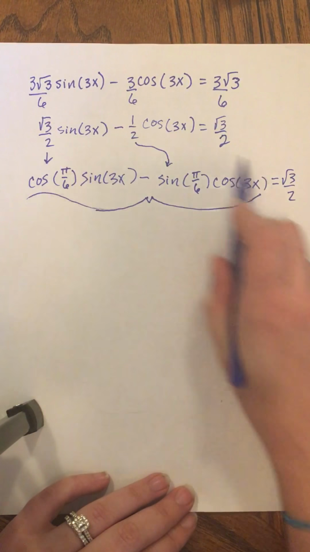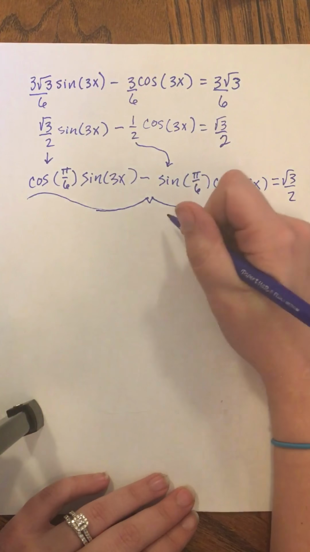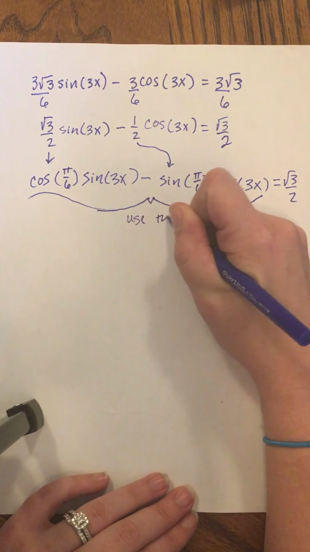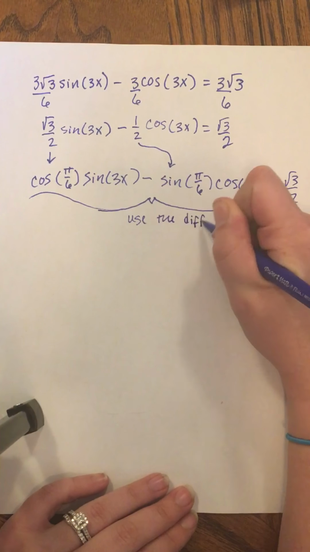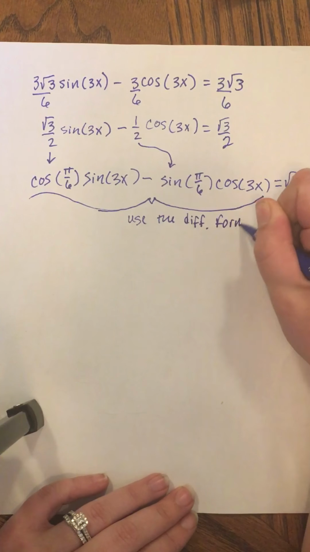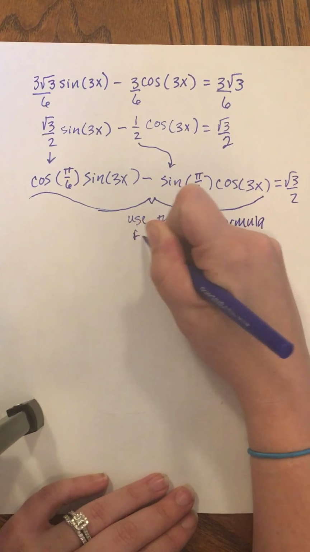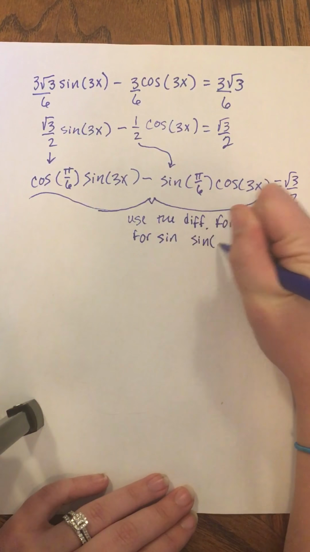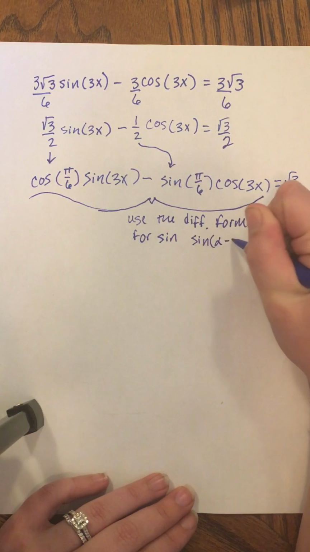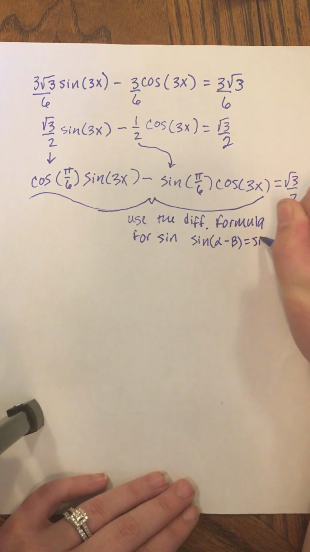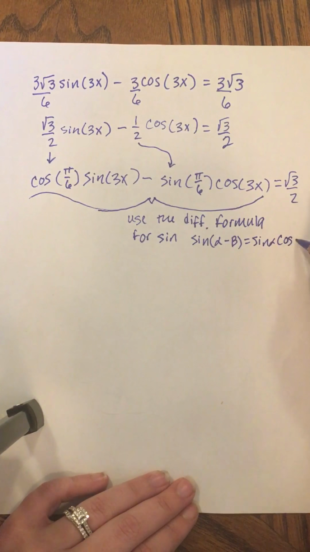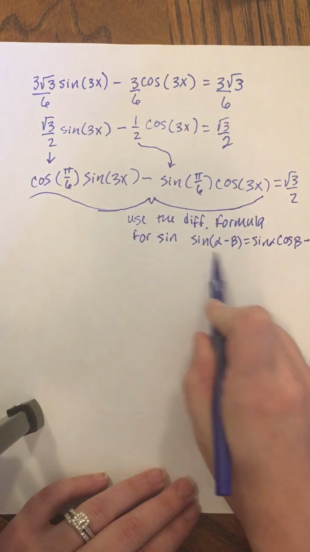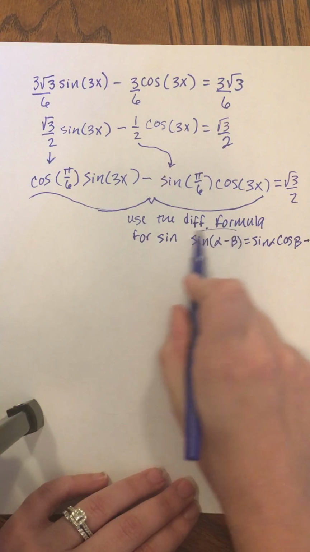So we can combine all this together, use the difference formula for sine, which actually says that sine of alpha minus beta is equal to sine alpha cos beta minus cos alpha sine beta, right? So we're combining the expanded version of this down into this.